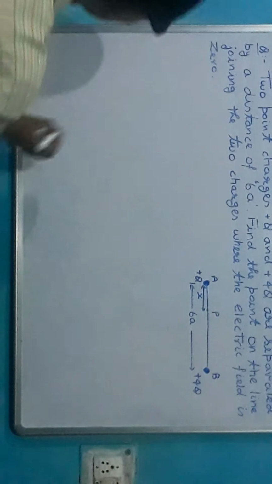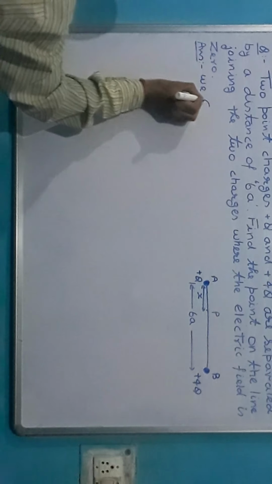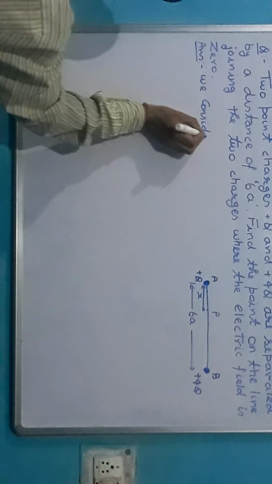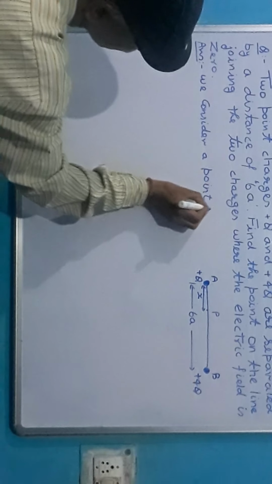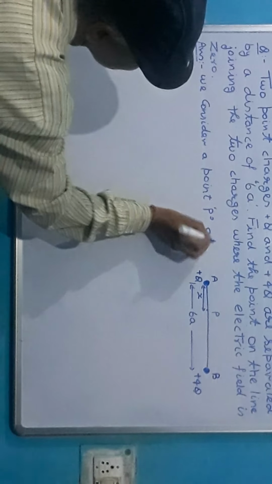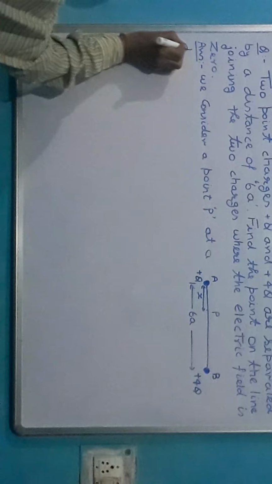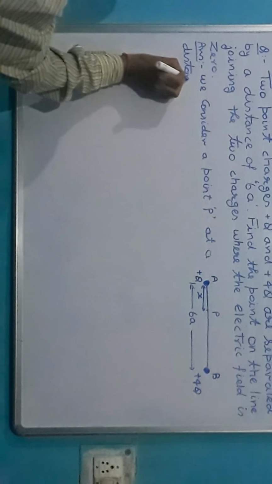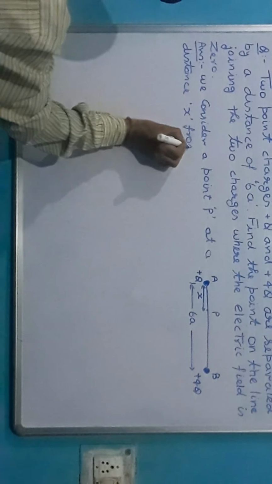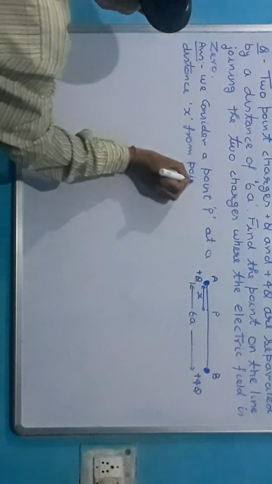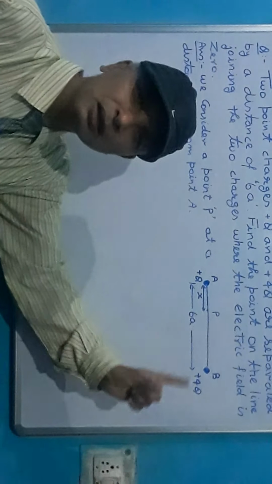So what I have considered? We consider a point P at a distance x from point A. At point A we have placed charge plus q, and at point B we have placed charge plus 4q.